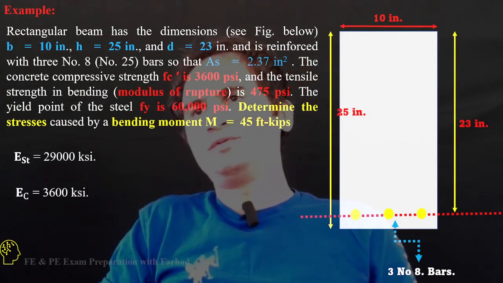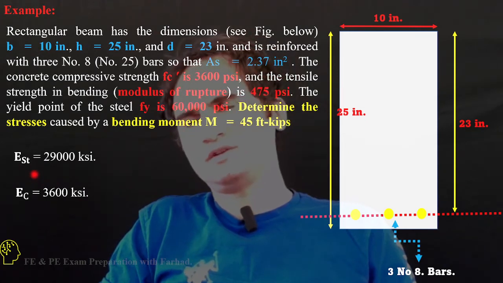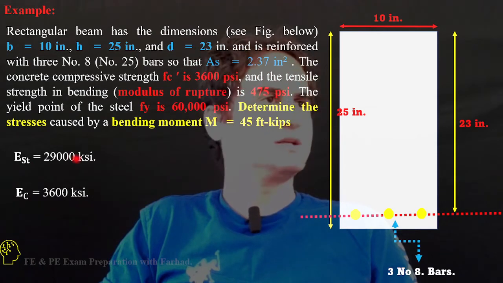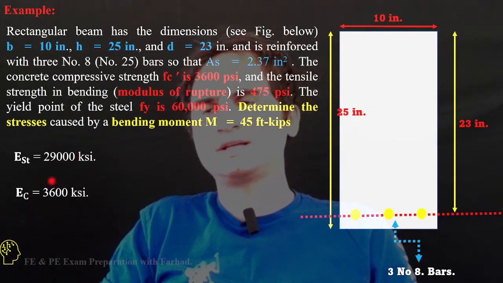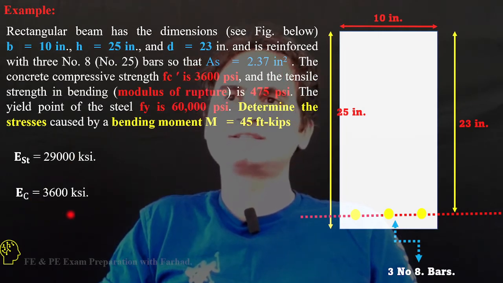First of all, based on the problem statement, the modulus of elasticity for steel is 29,000 ksi, and the modulus of elasticity of concrete is 3600 ksi.